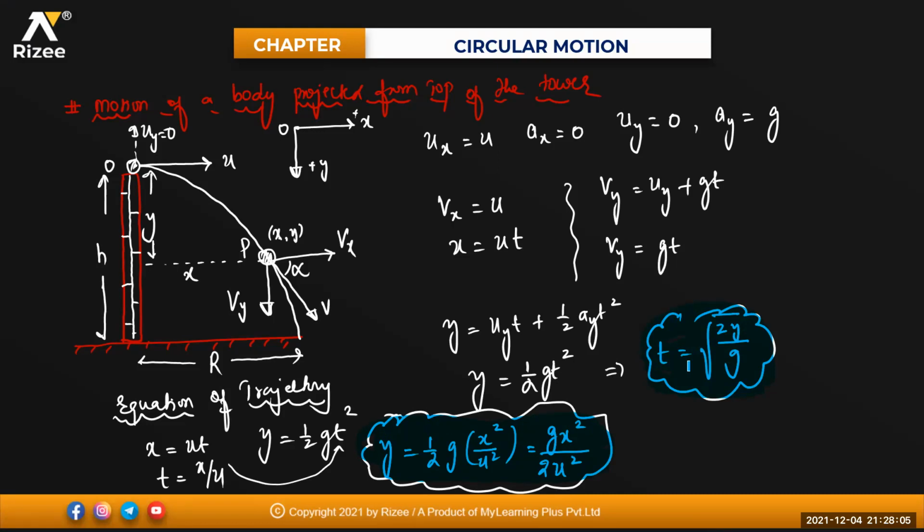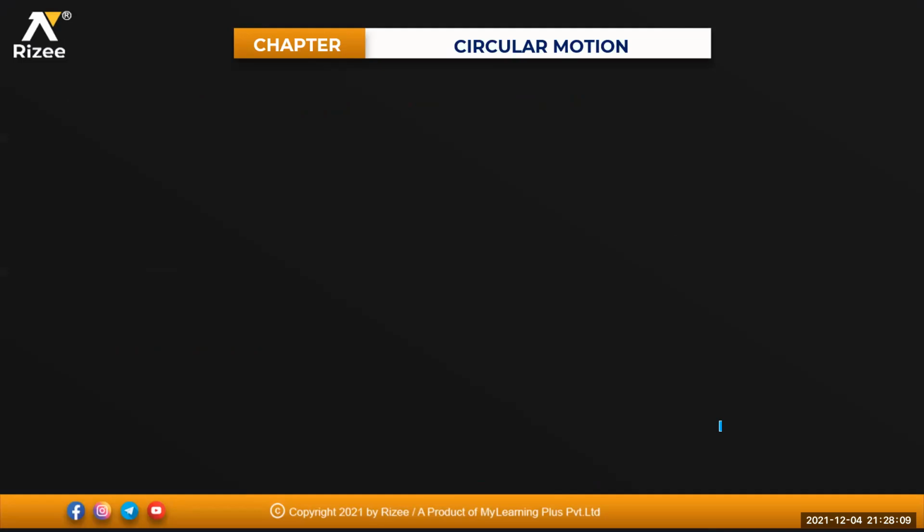Now see here I have thrown the body horizontally. What happens if I throw the body at a certain angle in the downward direction, something like this? Second situation. This is your tower. From here the body is being projected. This is your ball.